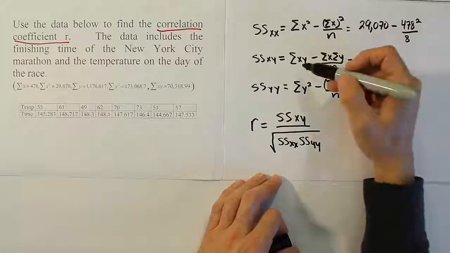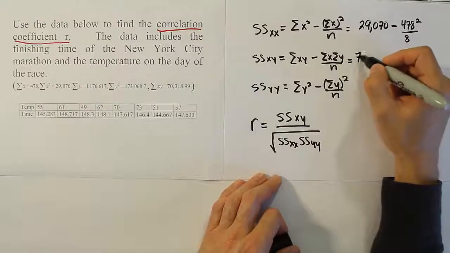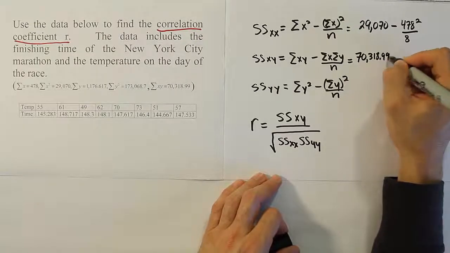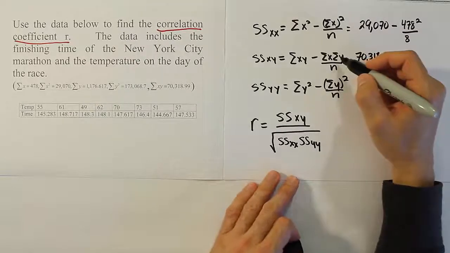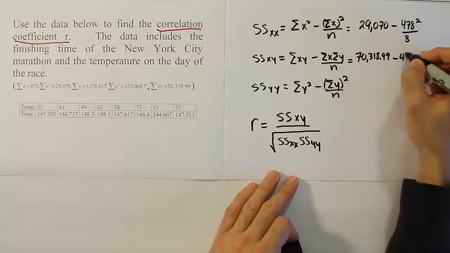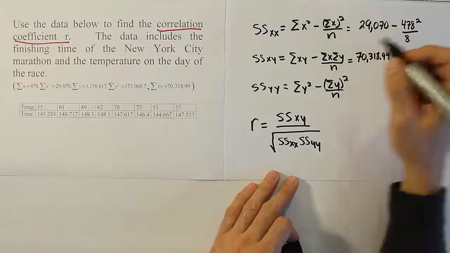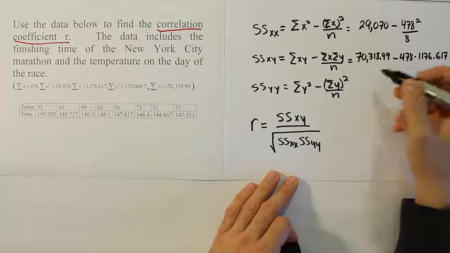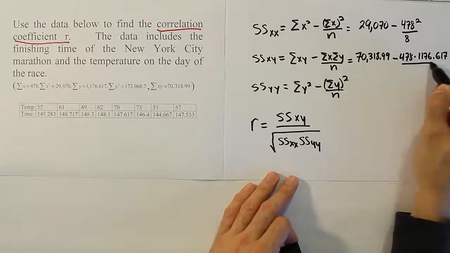For this formula, we have the sum of xy, and that's 70,318.99 minus the sum of x times the sum of y. If you look there, that's 478 times 1,176.617. And then finally, we divide all that by 8 again.